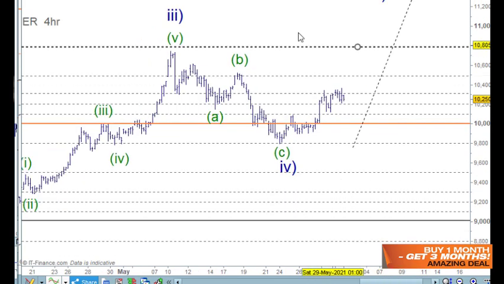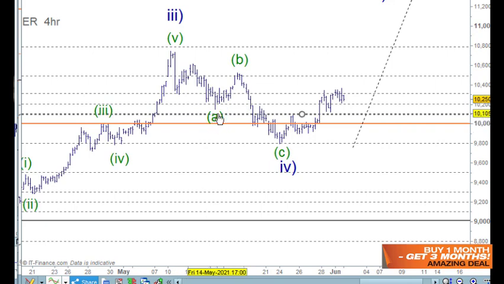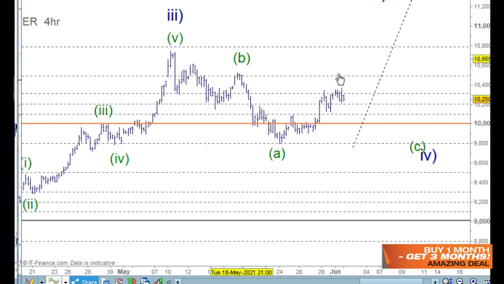So I believe that this is a corrective pattern, because the first move here was in 3 waves. So it doesn't mean that that's the low there. The low could be over here as well, and we need to sort of move things across here and do the unfortunate expanding out like this.